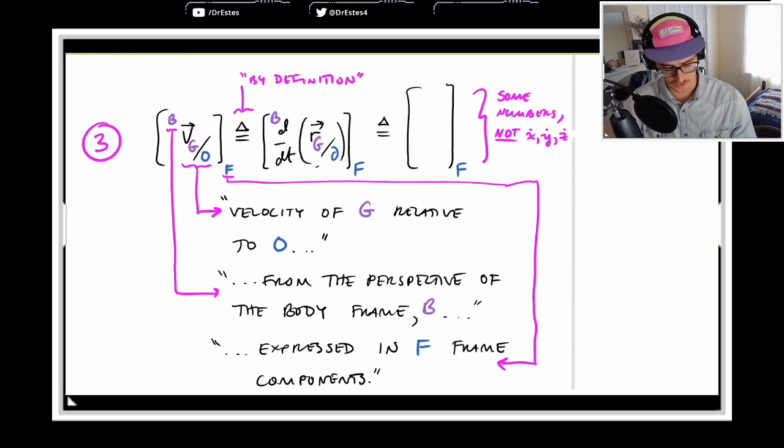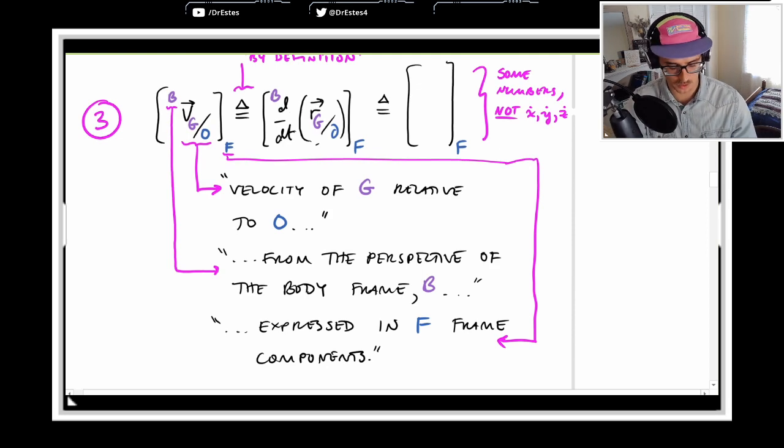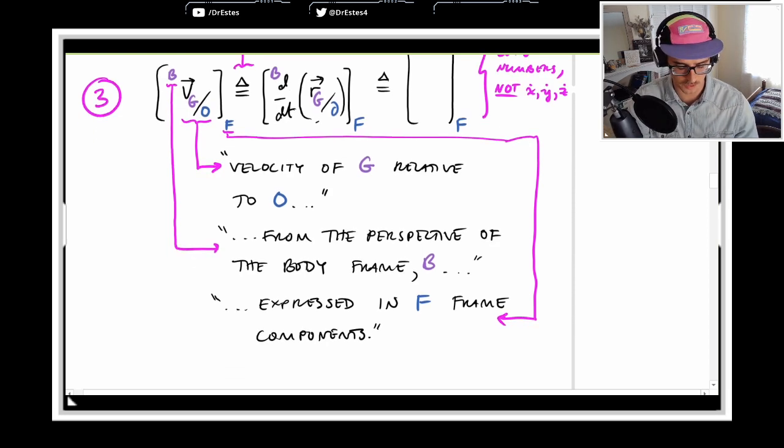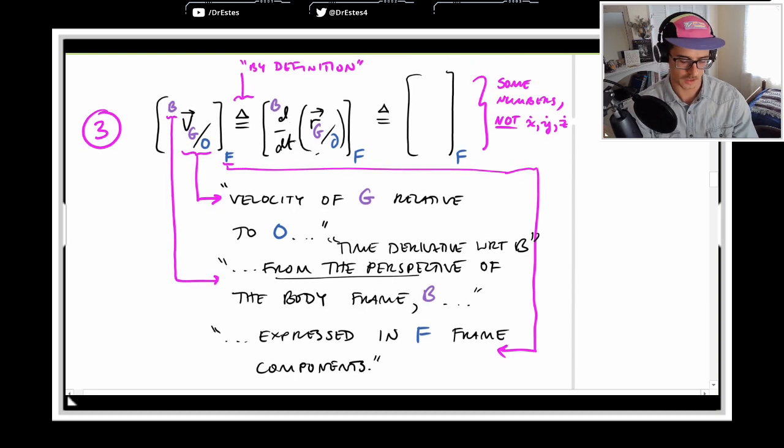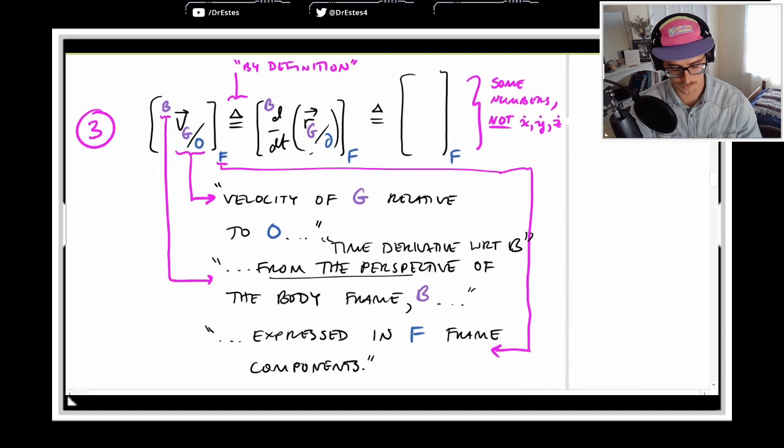Okay, let's break it down. Velocity of G with respect to O, but from the perspective of, so time derivative with respect to B frame. But I'm projecting that vector onto the F frame at the end. And in flight dynamics, we don't have specific variable names for these numbers, so I'm not even going to put variables in here.